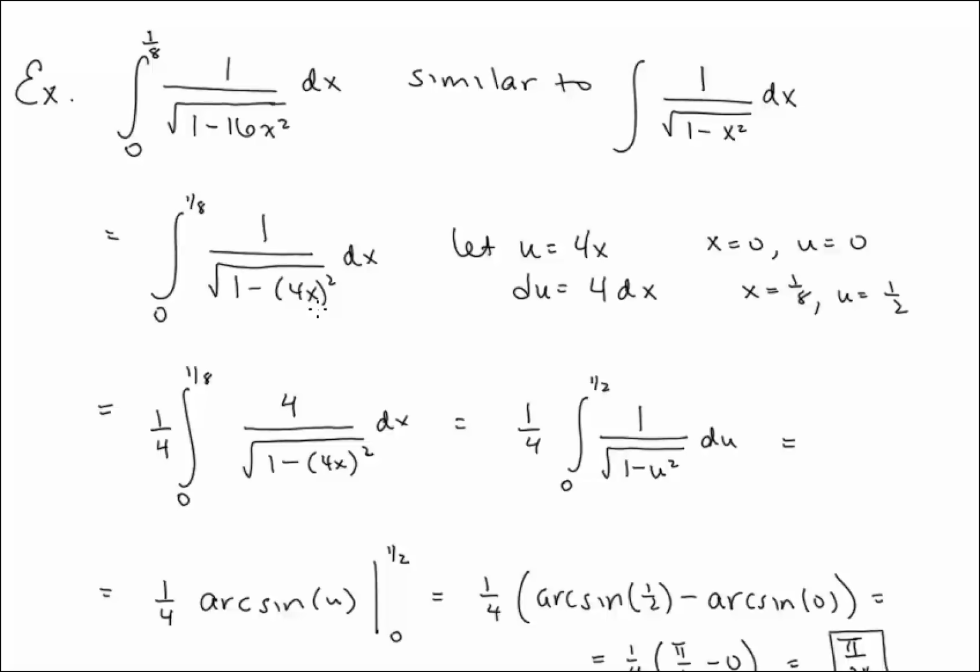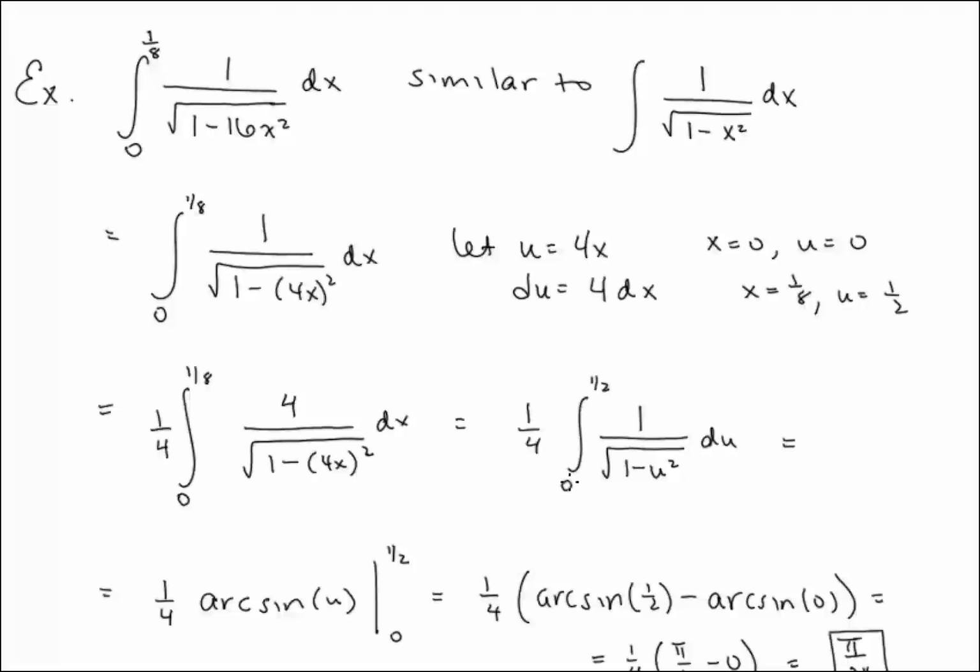And so we want to recognize this composition and do a u substitution with u equals 4x. And then in that case, du is equal to 4 dx. So we need a 4 in our integral. And so we put a 1/4 on the outside. Now switching over to u's, we need to change our bounds. When x is equal to 0, u is also equal to 0.